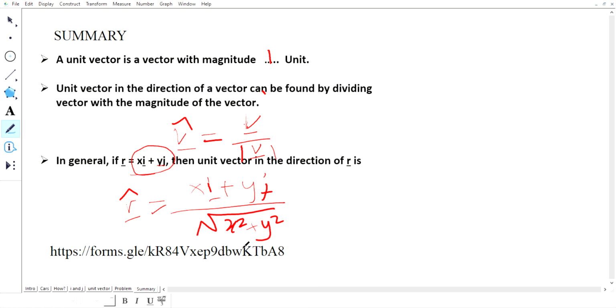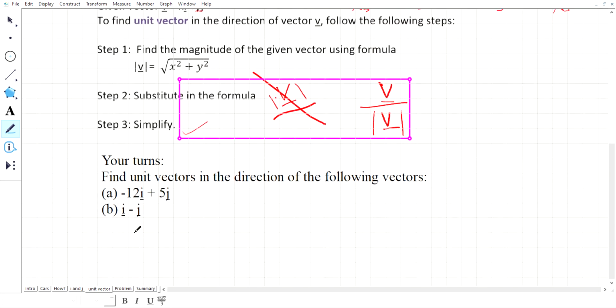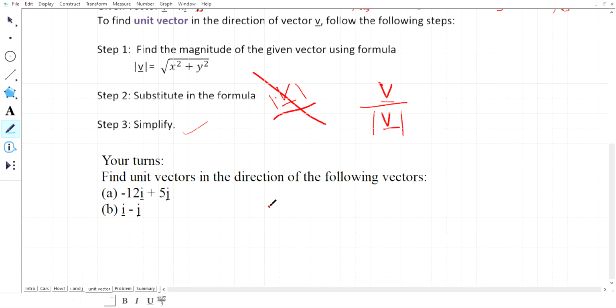Okay, I would like you to try these two questions. Find the unit vector in the direction of the following vectors. Your answer for A should be negative 12 over 13 i plus 5 over 13 j.